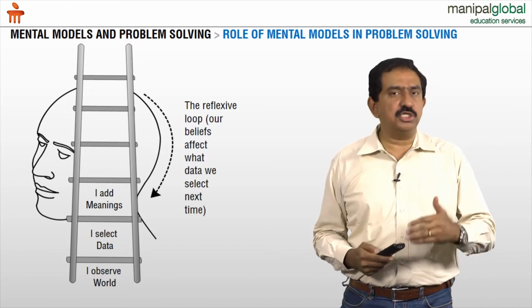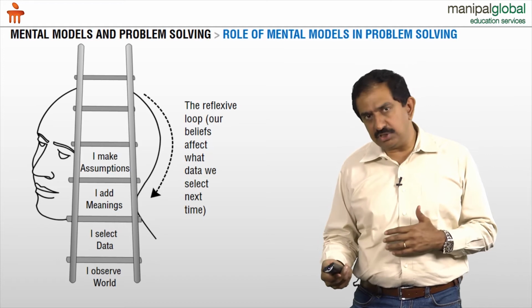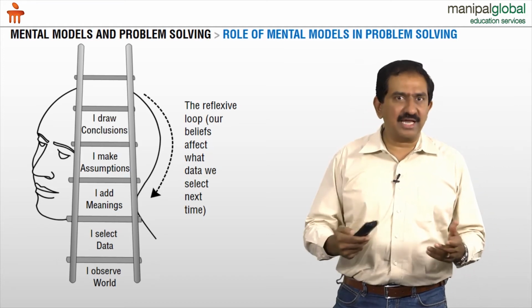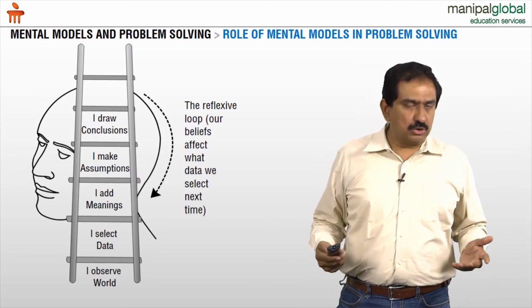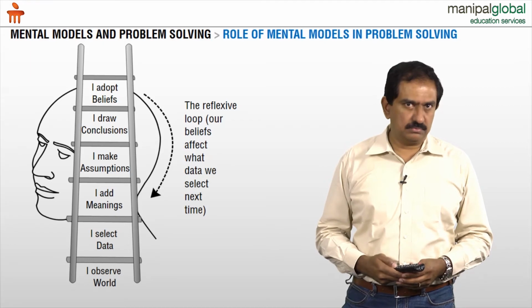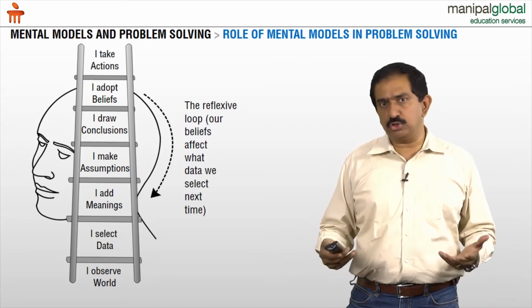Based on the data that I have filtered and absorbed, I now create a meaning. That meaning in turn leads to assumptions, and those assumptions help me draw conclusions about what I have seen. Based on these conclusions, I create a belief system of the world, and ultimately I take actions based on those beliefs.